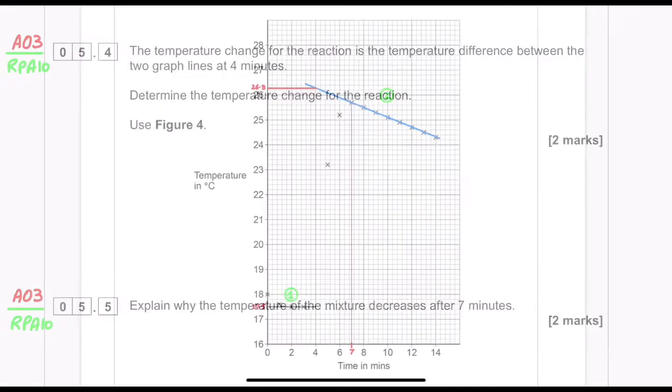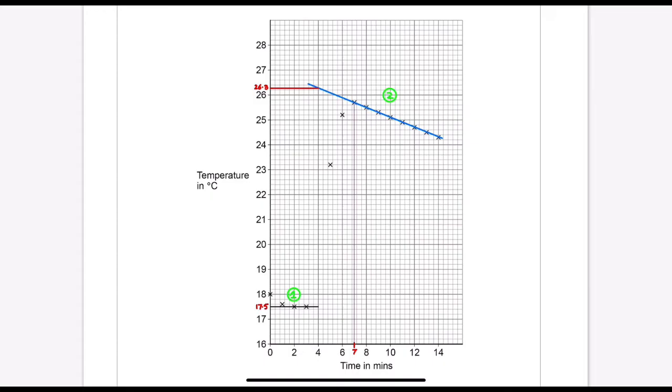Let's see the figure number 4. In figure number 4, we can see that at 4 minutes, one line is this one at equilibrium. Other line is this one, which we already extended up to 4 minutes. And this is called the temperature change at 4 minutes.